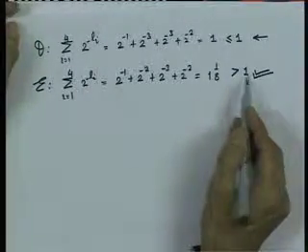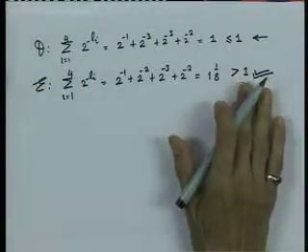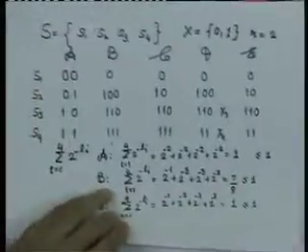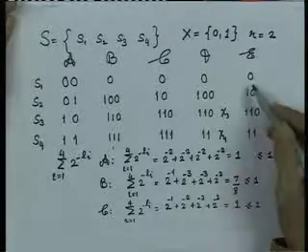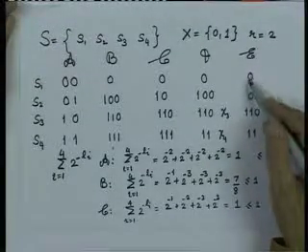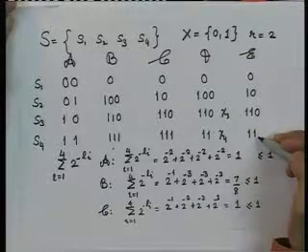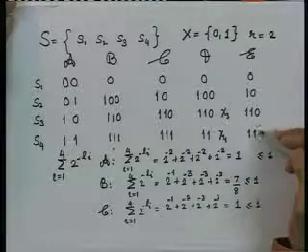As soon as this inequality is not satisfied, I can immediately say that I cannot have this as an instantaneous code, because the code word lengths themselves violate the condition required for an instantaneous code.